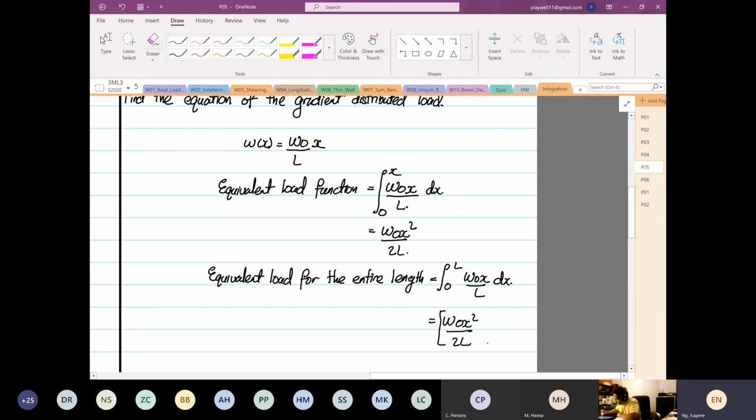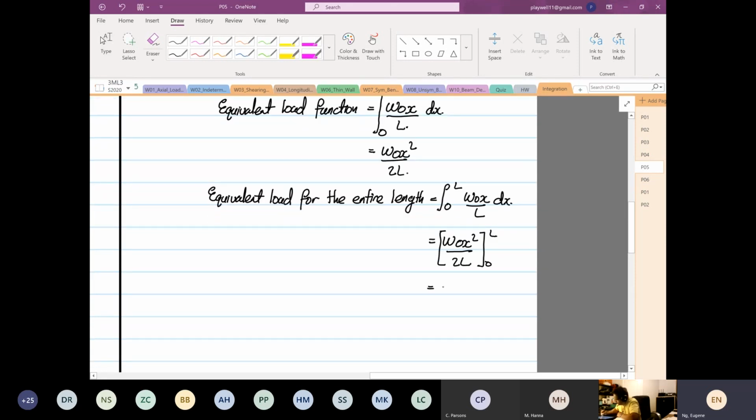Then if you put in your limits 0 to L, this is equal to omega naught L squared over 2L, so it's also equal to omega naught L divided by 2. Same. So you find the reaction force.